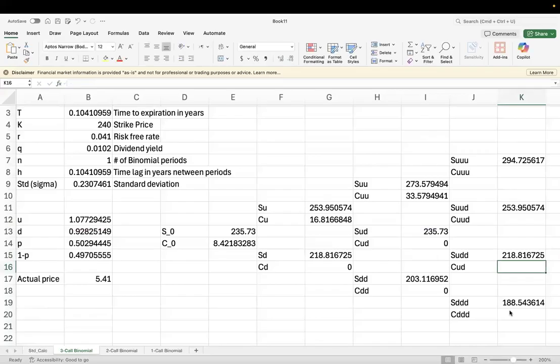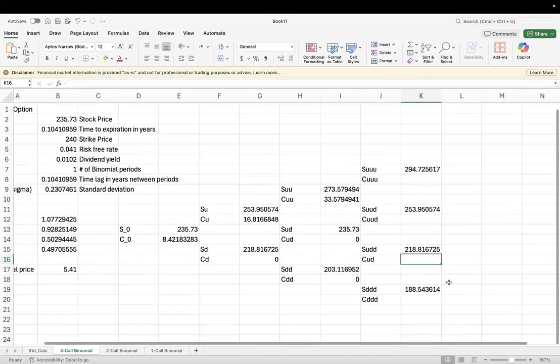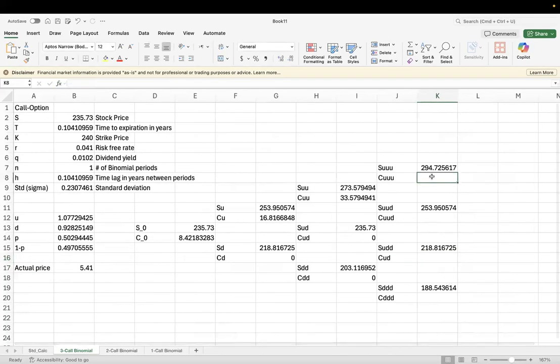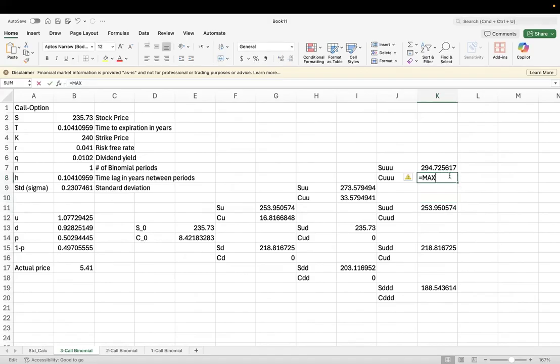Yes, great. Now that we did this, I can easily calculate option prices at the last node. So it equals max, and then 0 and this minus strike price.